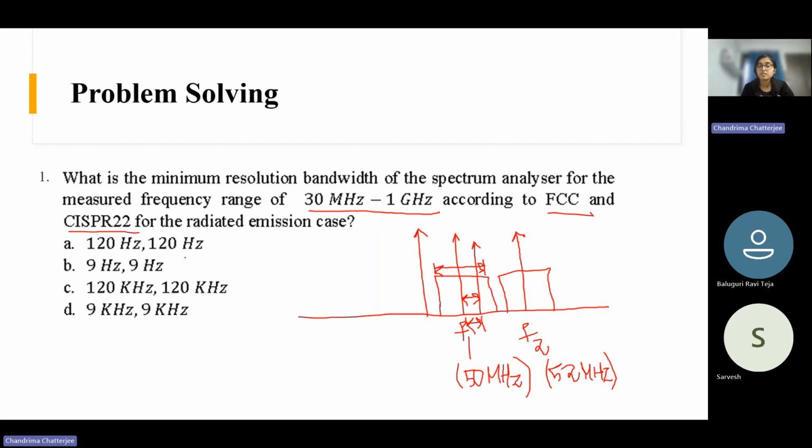For radiated emission, the frequency range is 30 megahertz to 1 gigahertz, and the answer is option C, 120 kilohertz, for both FCC and CISPR 22.